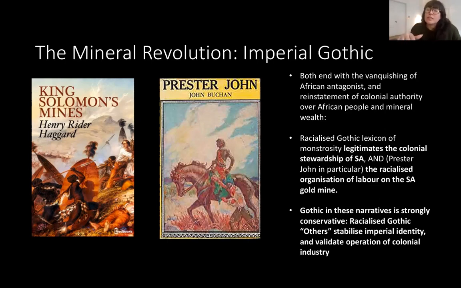In both instances also, the racialized Gothic lexicon of monstrosity legitimates the colonial stewardship of South Africa and, this is important, the racialized organization of labor on the South African gold mine. So this is explicit in Prester John, which deals with this imperial nightmare of indigenous uprising. And it is explicitly set in the context of diamond mining.